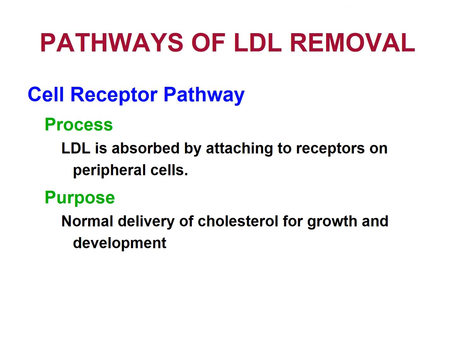So let's start with the cell receptor pathway, and this is the normal process of cells getting cholesterol. Cells need cholesterol. If you remember, plasma membranes of animals have cholesterol in them.